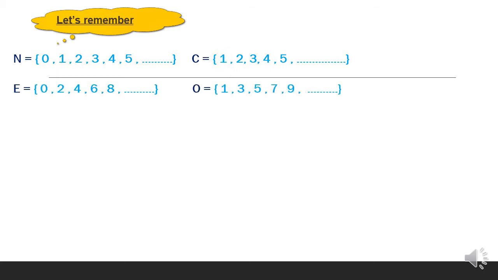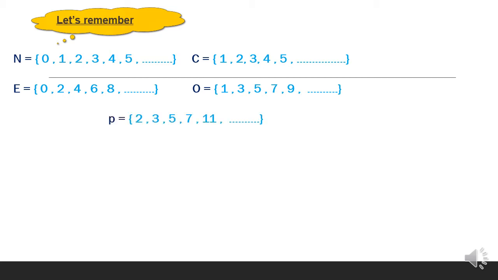The set of even numbers, its symbol is E, starts with 0, 2, 4, 6, and so on. The set of odd numbers, its symbol O, starts with 1, 3, 5, 7, and so on.